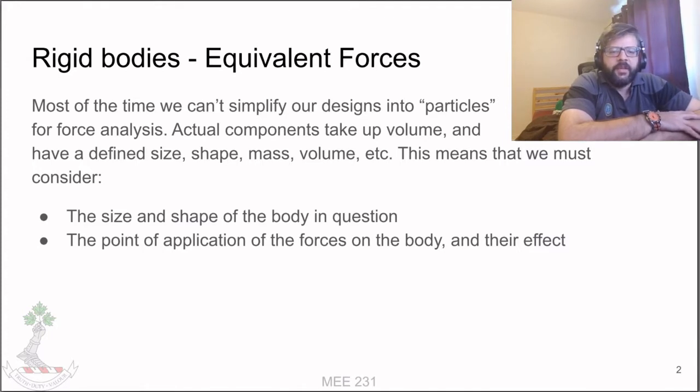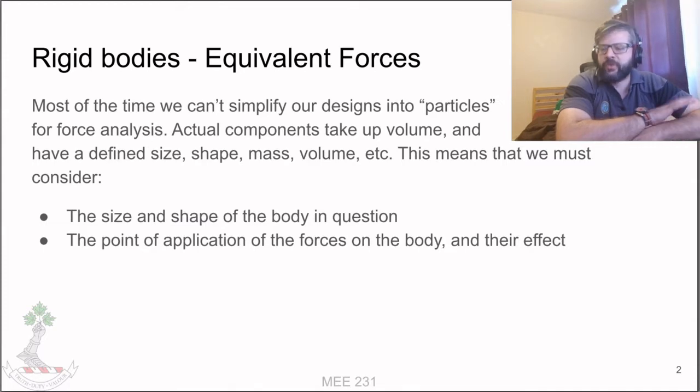So obviously, previously we've been talking about equilibrium when it comes to particles, so infinitely small objects that still have some sort of mass. You can still have forces that add up and come to some sort of equilibrium, so the net forces acting on that object are zero. Most of the time, however, we can't simplify our design into particles for force analysis.